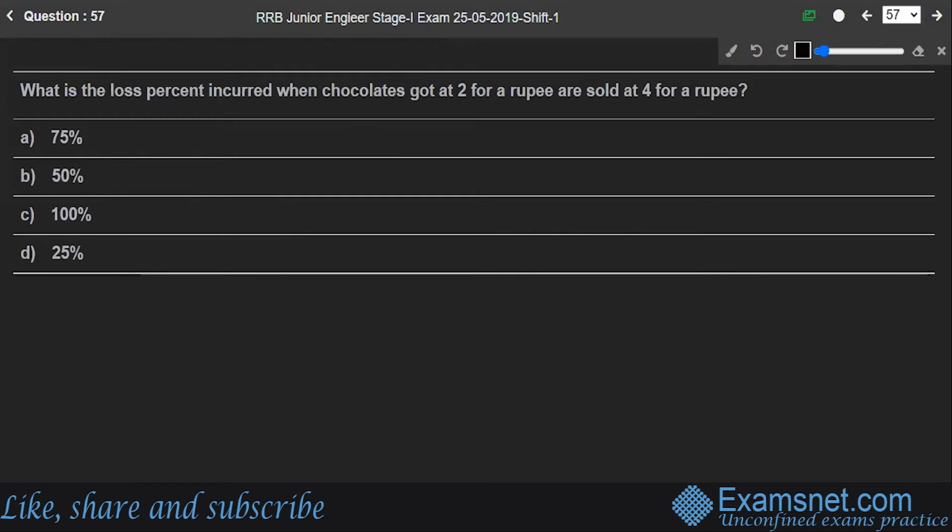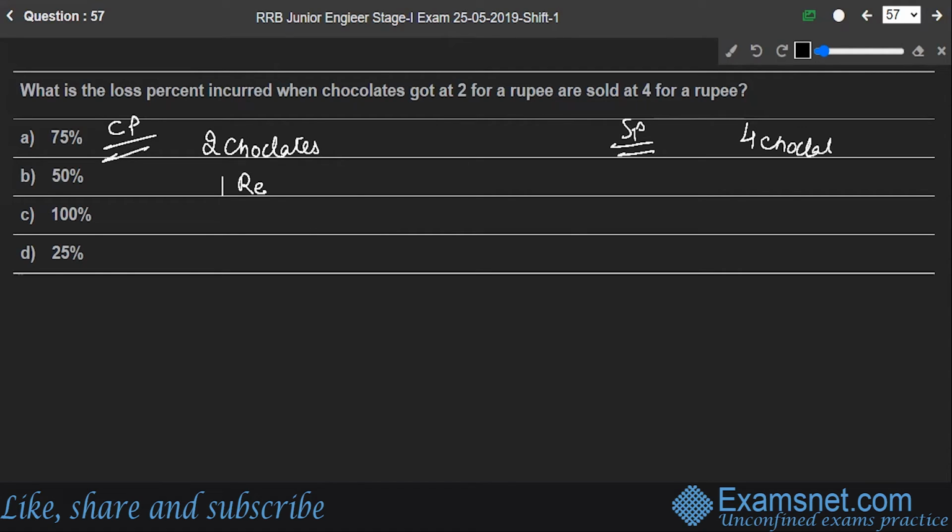Next, question number 57. What is the loss a person incurred when chocolates bought at 2 for a rupee are sold at 4 for a rupee? That means you bought 2 chocolates for 1 rupee. This is the cost price, and the selling price is 4 chocolates for 1 rupee.